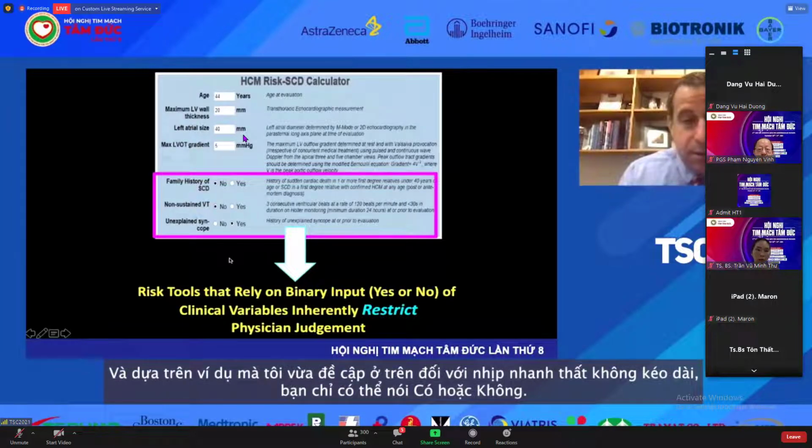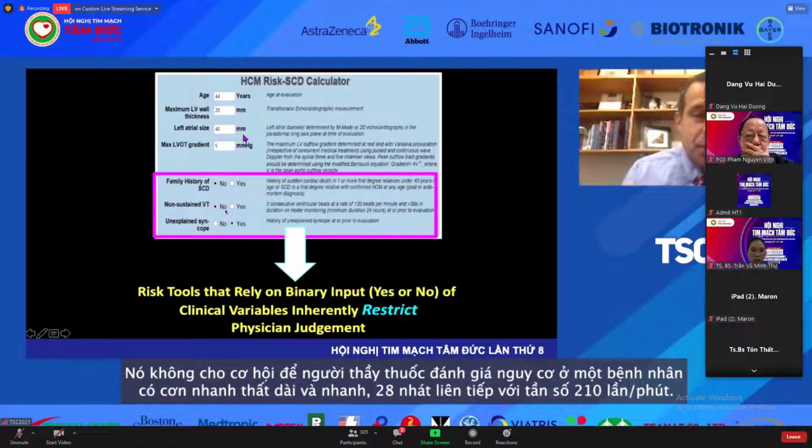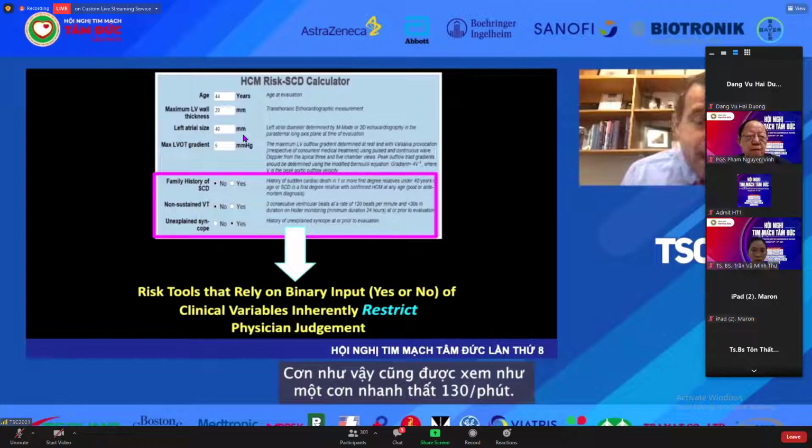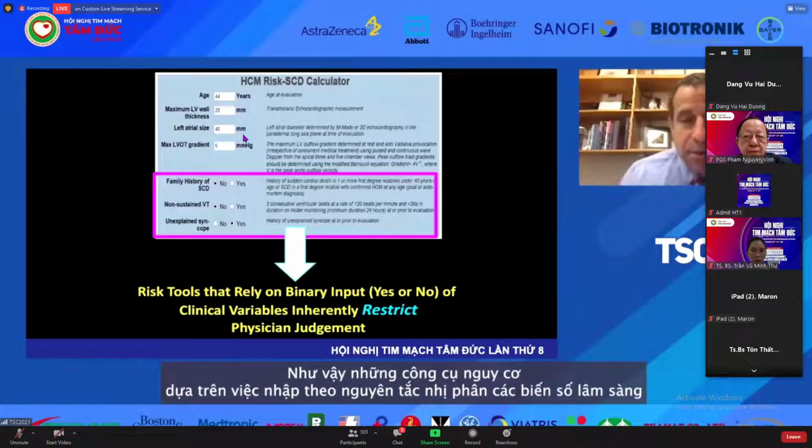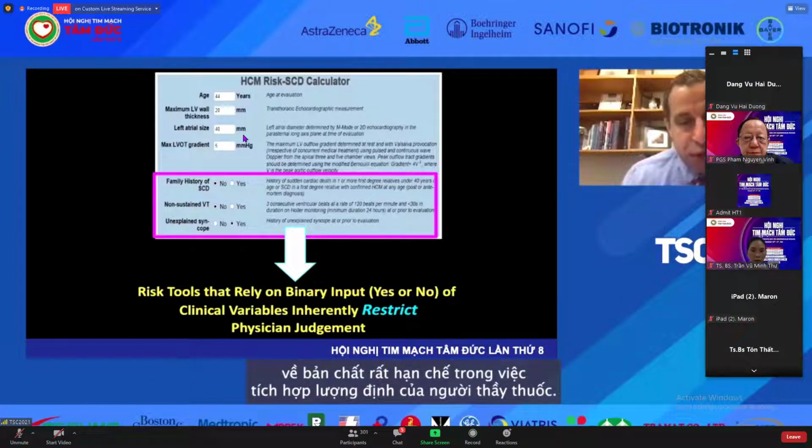Based on the example I just mentioned, non-sustained VT, it's either yes or no. So it doesn't really provide the opportunity for that kind of physician judgment in a patient that may have a very long, fast run, 28 beats of NSVT at 210 beats per minute, that is weighted the same as a 4-beat run at 130 beats per minute. So these risk tools that rely on binary input of clinical variables are by their very nature more restrictive in being able to incorporate physician judgment.